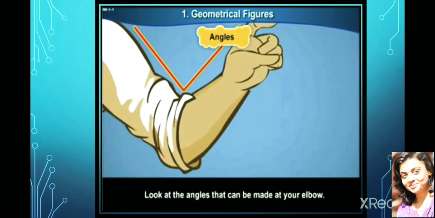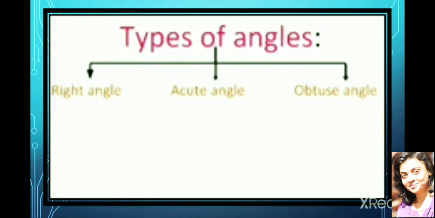You will get a different angle. Now you will say, teacher, you are explaining about angles but you are not mentioning the names. So I am going to explain that also. There are three types of angles: right angle, acute angle and obtuse angle.